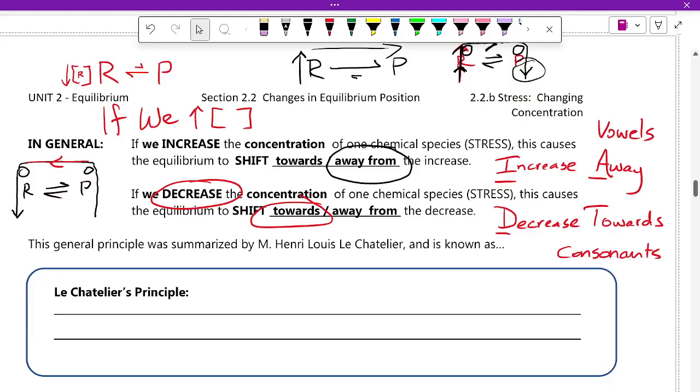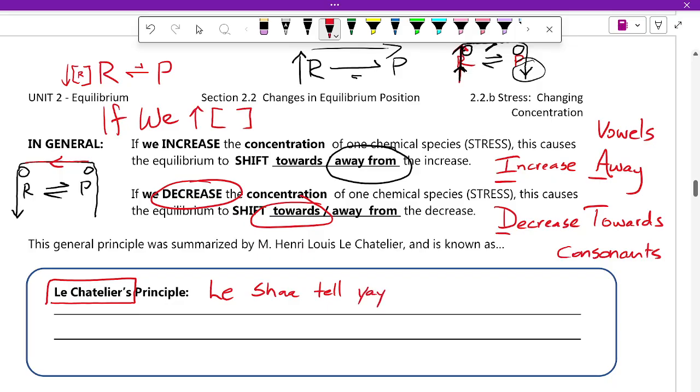Okay, so this general principle was summarized by Monsieur Henri Louis Le Chatelier. Okay, Le Chatelier. And pardon me if my French is not that good, but at least I'm better than those Americans who mispronounce it.